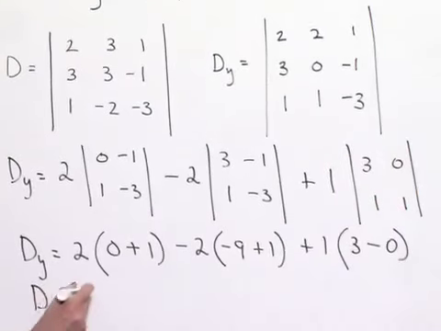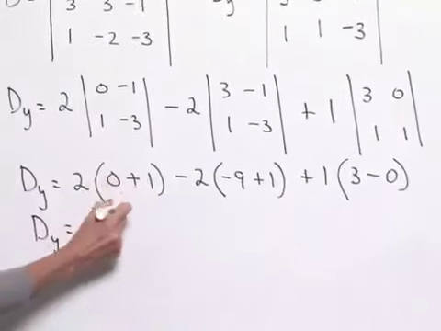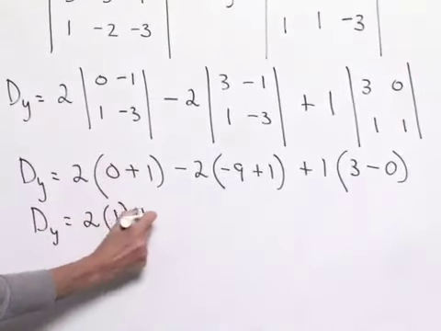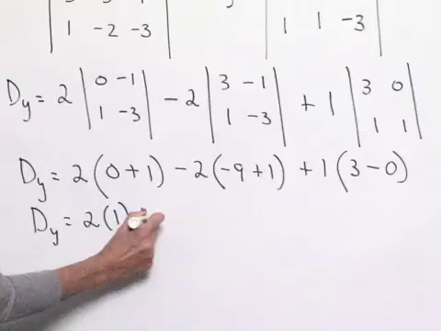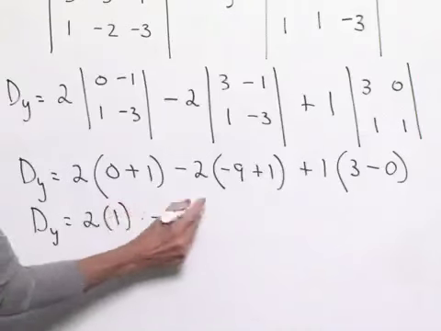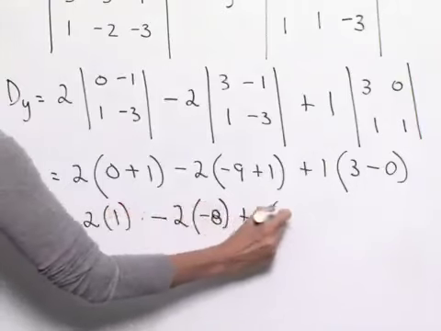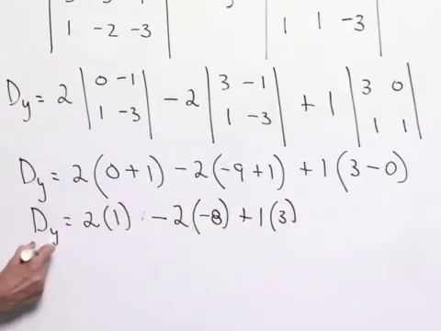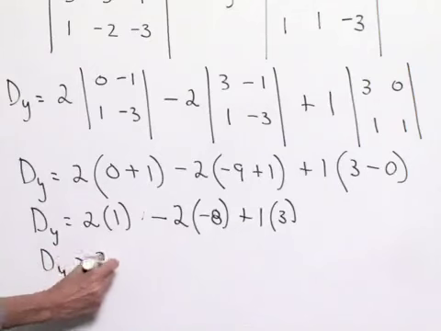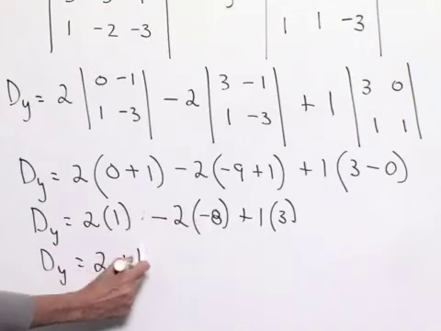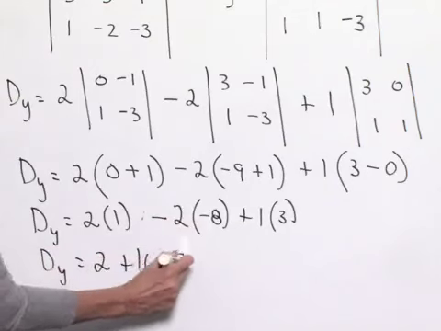D sub y then equals 2 times 1 minus 2 times negative 8 plus 1 times 3. This gives us d sub y equals 2 plus 16 plus 3.